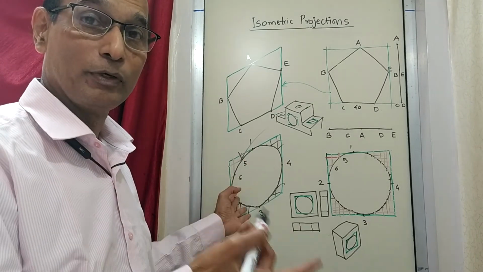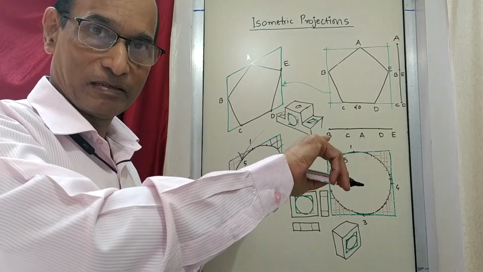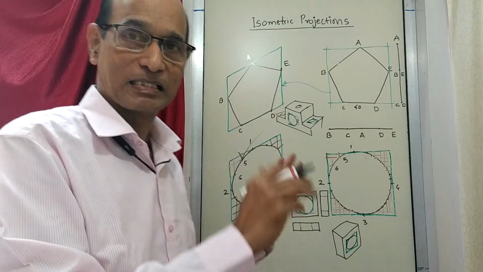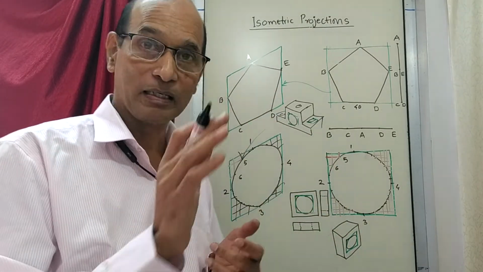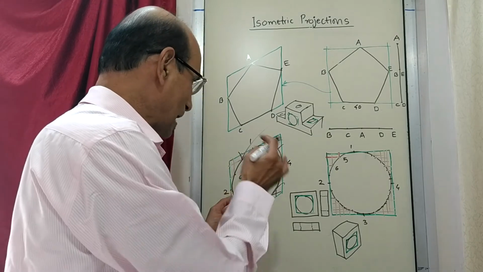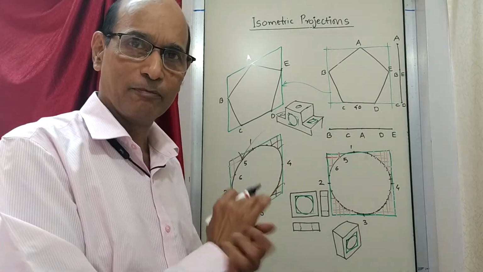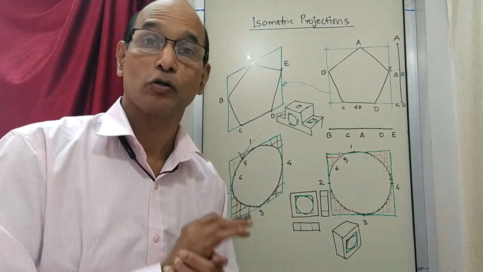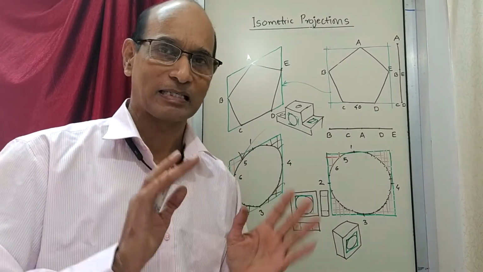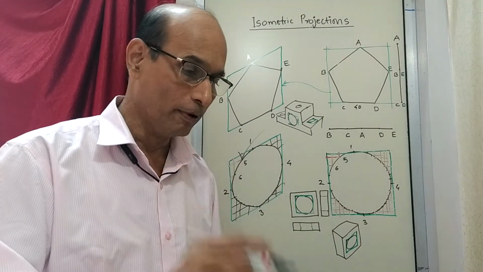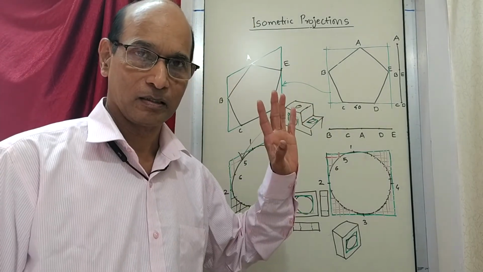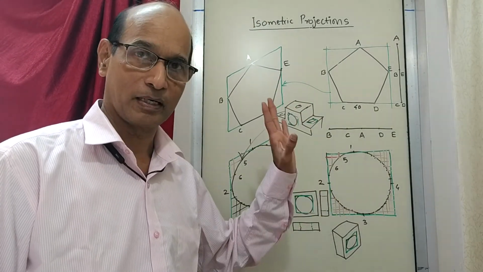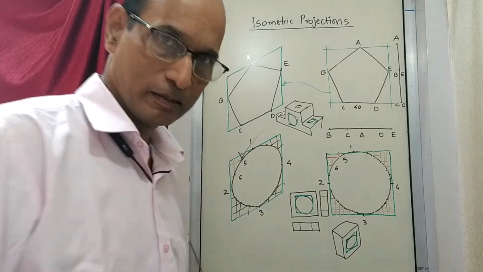But the circle we draw by the shortcut method we will accept because the method is short and we can draw it fast. It will look slightly different, but that difference is not noticeable. So now we will learn how to draw a circle in isometric. Correct? So let us learn that.